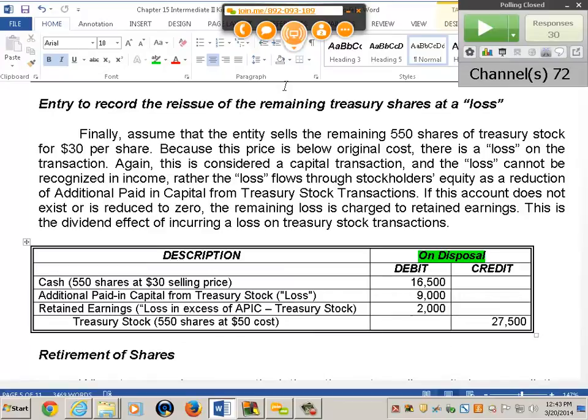We've got a debit to cash for the amount of 16.5. The loss is 11. First, the loss is debited to reduce paid-in capital. When that goes to zero, that's it. You cannot have a negative balance in contributed capital. And then the other part of the loss is debited to retained earnings, and you credit treasury stock to zero, closing out that account.